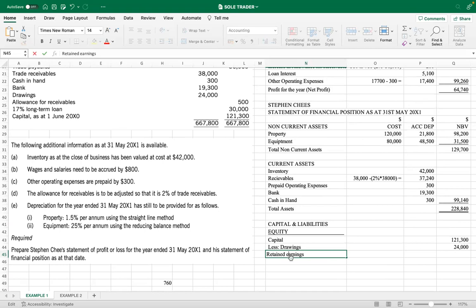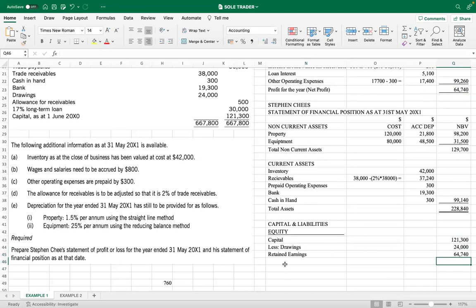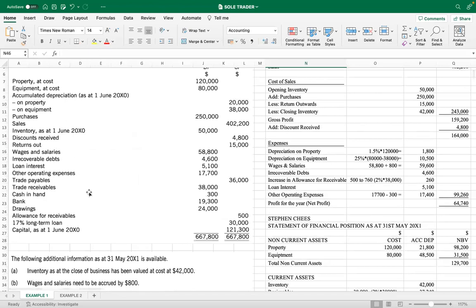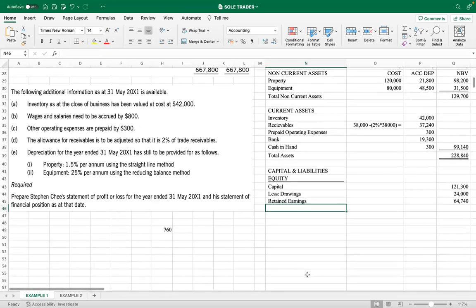So our retained earnings, profit for the year, was 64,740. And then if there are any revaluations, there was no revaluation. So we have total equity.